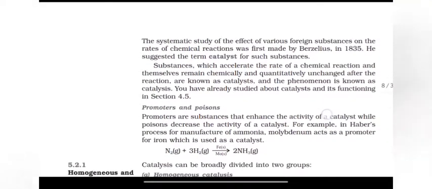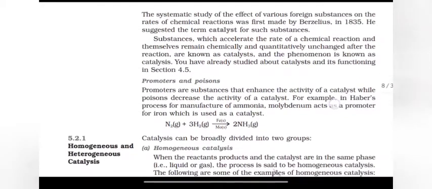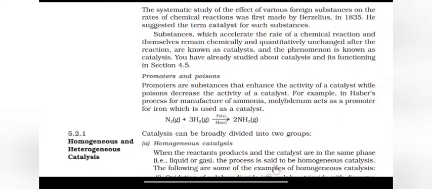The systematic study of the effect of various foreign substances on the rates of chemical reactions was made by Berzelius in 1835. He suggested the term catalyst for substances which accelerate the rate of a chemical reaction and themselves remain chemically and quantitatively unchanged after the reaction, and the phenomenon is known as catalysis.